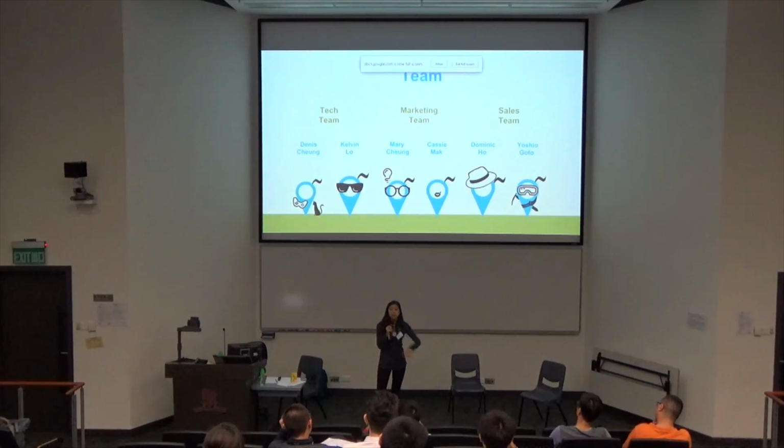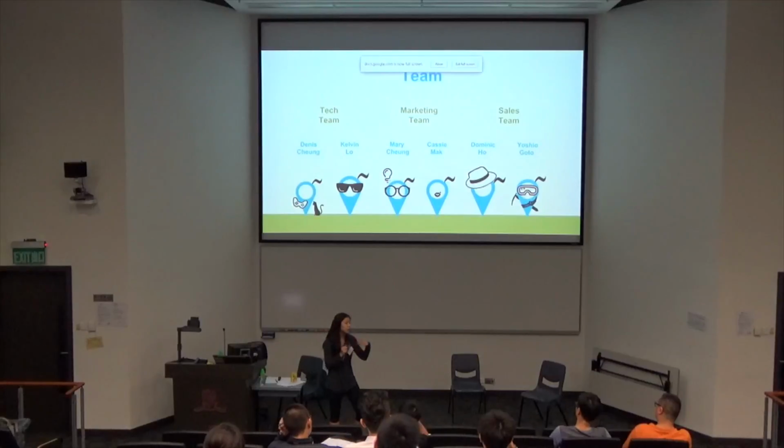So team communication is very important. When you choose your teammates, you have to talk openly to them about your ideas and your visions, but not just talk, and listen as well, because it's teamwork.